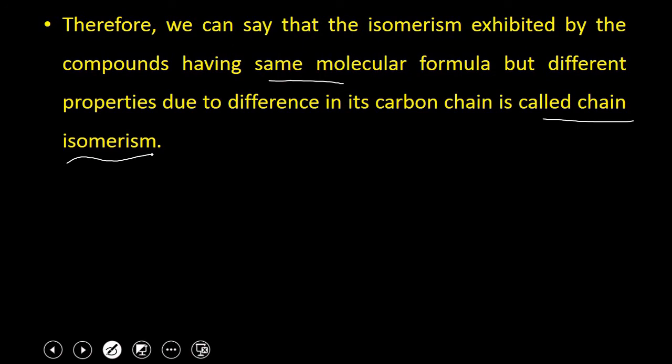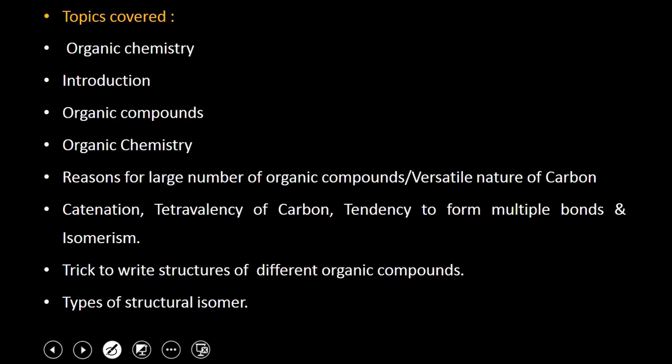Why are the properties different? Due to the difference in its carbon chain, then this isomerism is called chain isomerism. There are many more types of isomerism which you will study in your higher classes. So here you have studied chain isomerism. So children, I hope this point is clear to you.